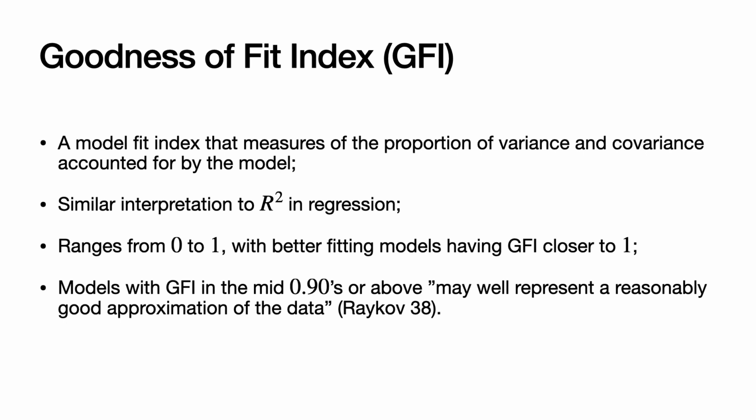Now, the goodness of fit index, like the R squared in regression, ranges from 0 to 1, with better fitting models having a GFI closer to 1. Now, according to Raykov in his book, A First Course in Structural Equation Modeling, on page 38, models with a GFI in the mid 0.9s or above may well represent a reasonably good approximation of the data.